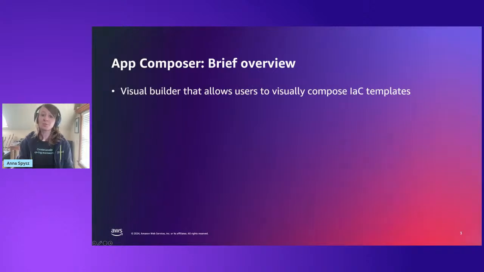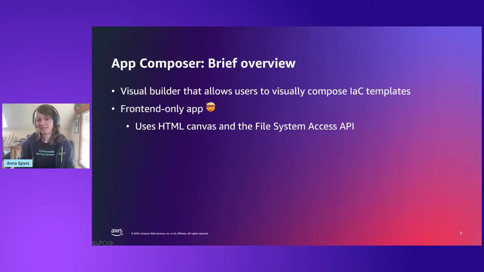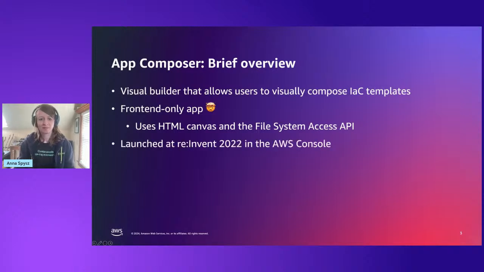It's a visual builder that allows you to visually compose infrastructure as code templates in the browser or VSC. It's a front-end only app. That's a little bit of behind-the-scenes knowledge. So it's only client-side and uses an HTML canvas and the File System Access API for any fellow front-end nerds.